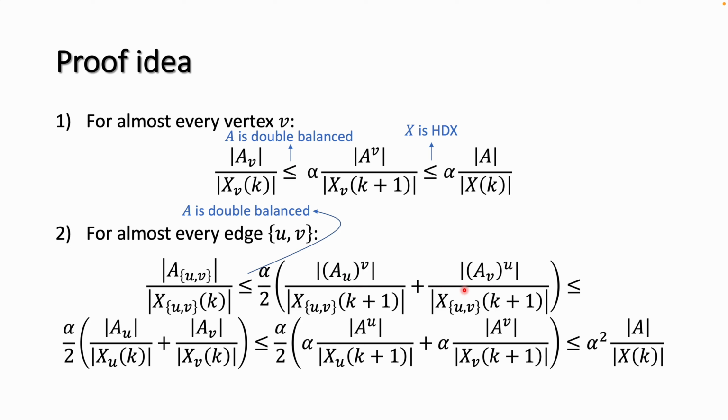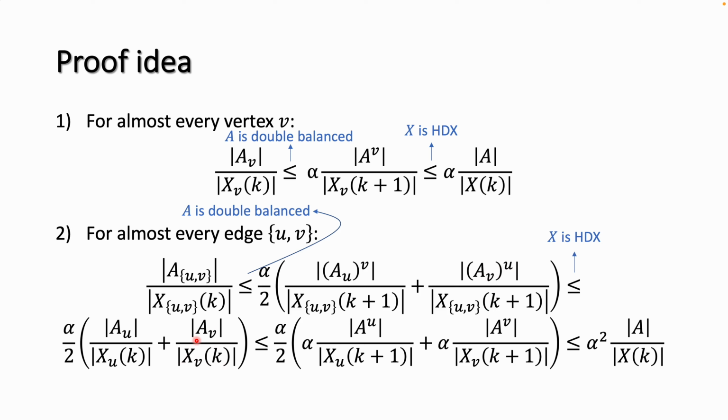Then we use the fact that a restriction of a set is sparse almost everywhere, because X is a high-dimensional expander. So we know that the restriction to V is bounded by this fraction, and also the restriction to U is bounded by this fraction.